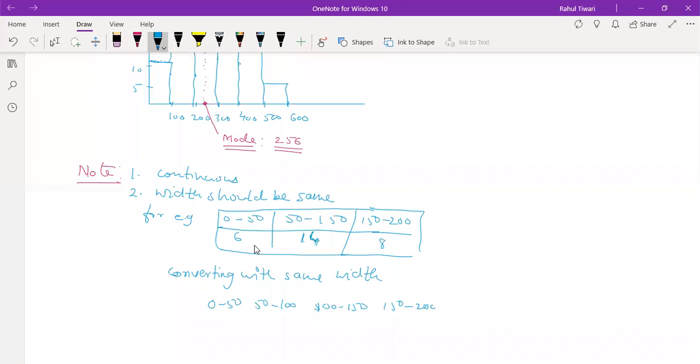I know it is 6, I know it is 8. And can you see here it is 14? So just give 7 here and 7 here. Are you getting my point? What I did here? I hope everybody understood.